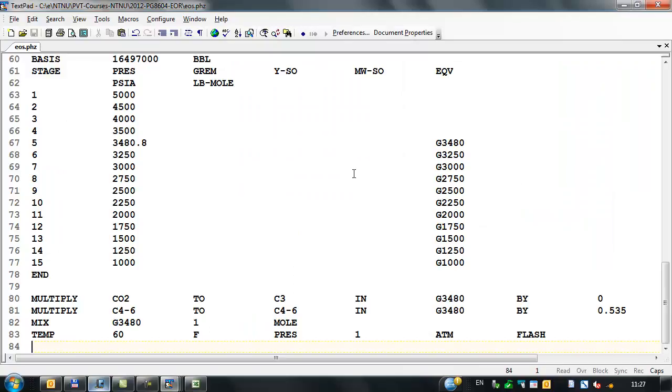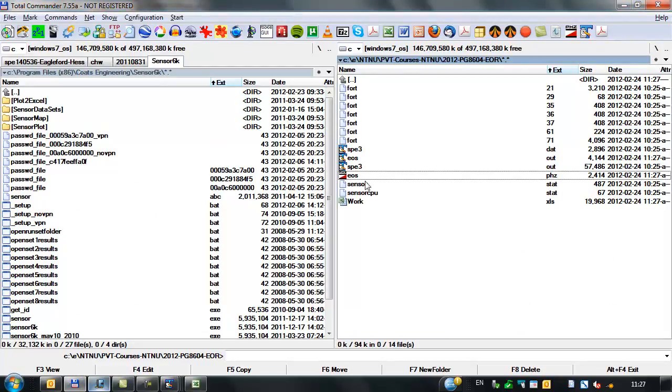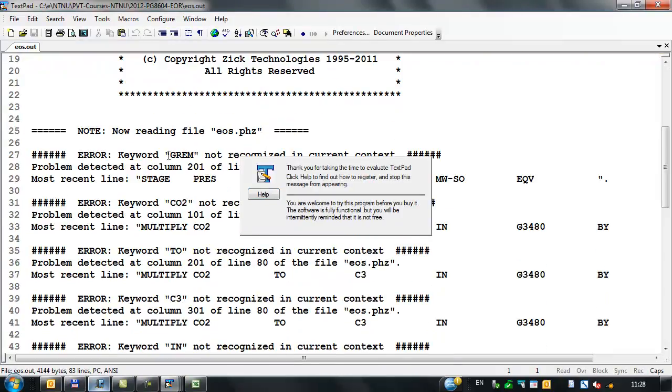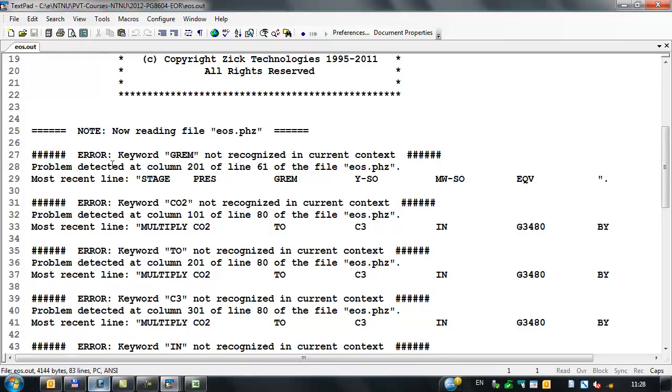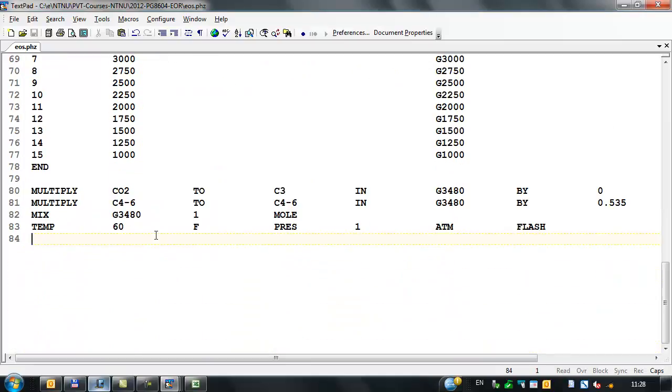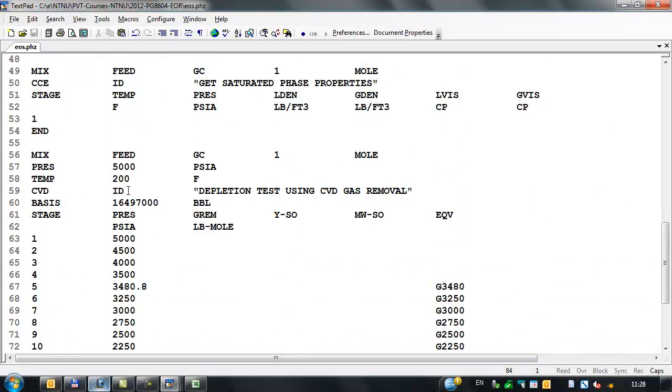Gas removed. CVD, basis, stage, pressure, gas removed.